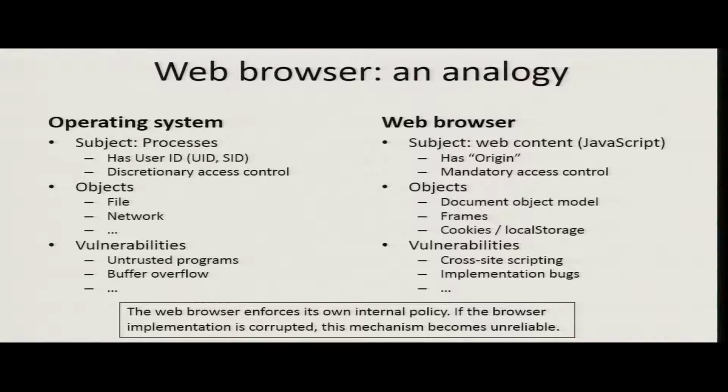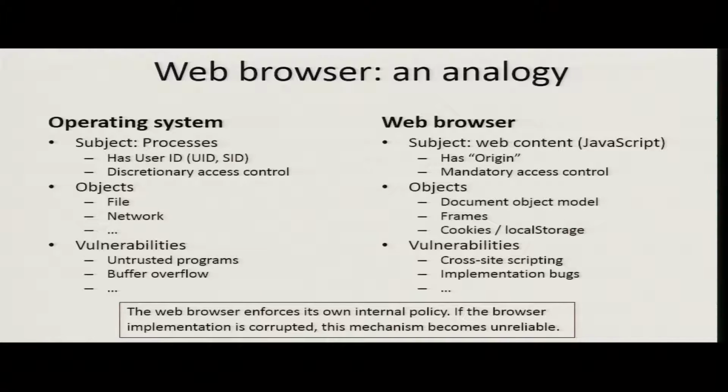So, in operating system we saw that subjects are processes and they have user ID like UID or SID in case of Windows, and they have discretionary access control, which, if you remember, means that once you have the correct user ID and you access some resource, you are free to pass that resource to somebody, and that is not prevented by the system.